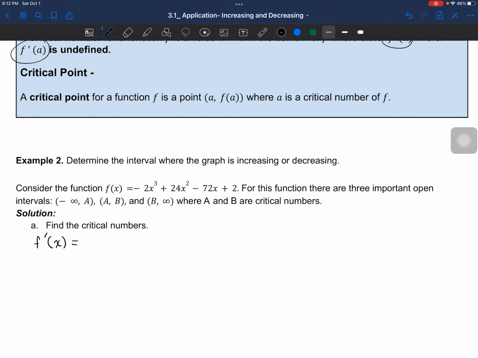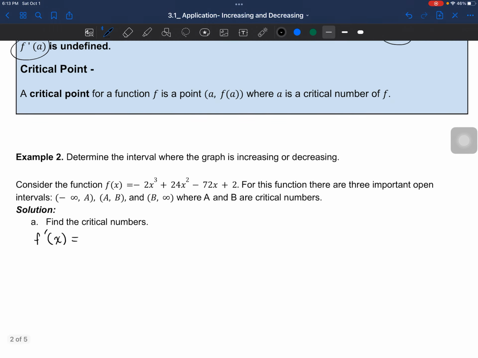We have negative 2 times x cubed. Using the constant multiple rule along with the power rule, we bring down the power and multiply by negative 2, which gives negative 6 times x, and then subtract 1 from the power, so that becomes a square.